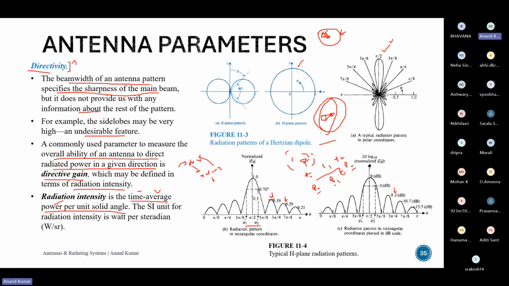And for each solid angle, we'll calculate how much power is being emitted on this sphere. So we will get a term called the radiation intensity, which is how much power, with what intensity, the radiation is happening at that particular point on that sphere. I hope I was able to make that clear. So that is radiation intensity.